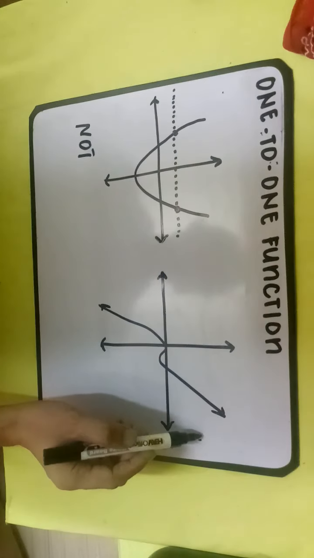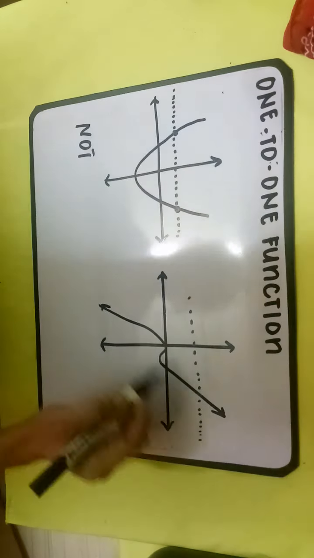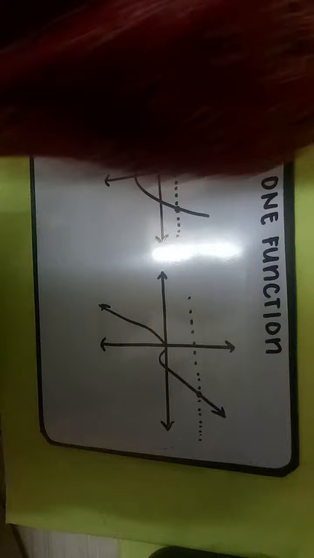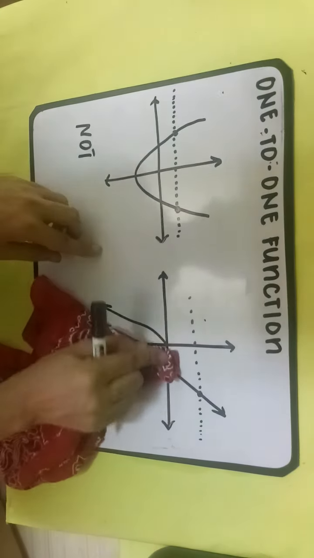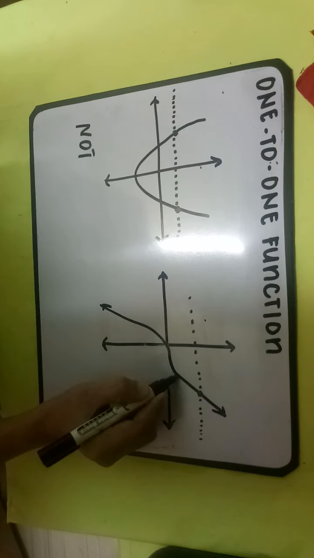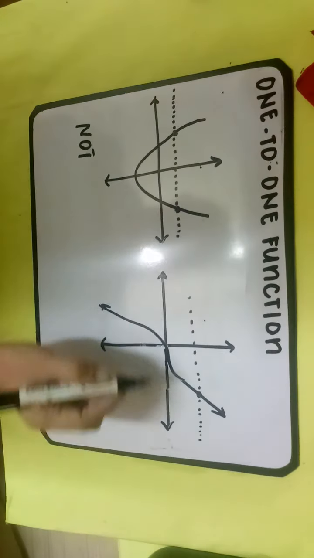But if you apply also the horizontal line test, it will intersect the graph only once. So, hindi. Medyo maling graph natin. So, pag ganyan siya, it intersects the graph only once.